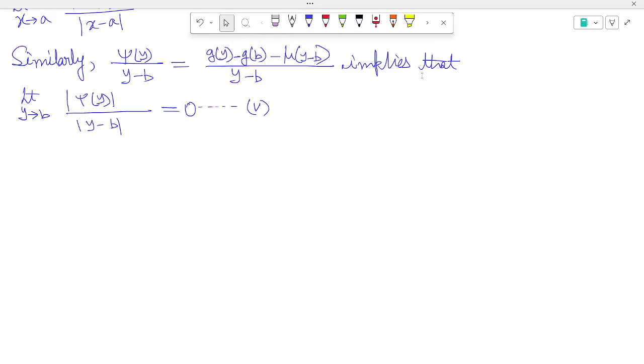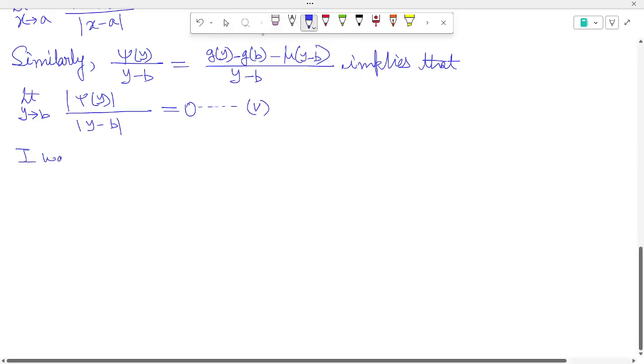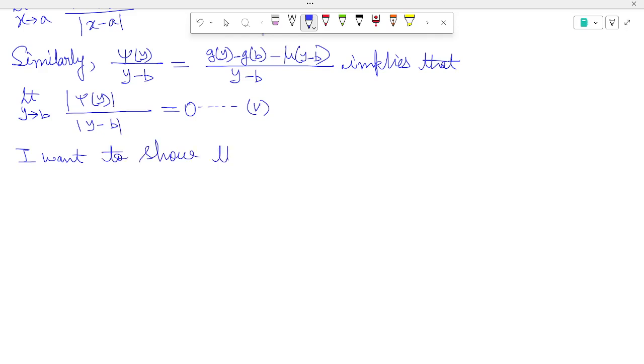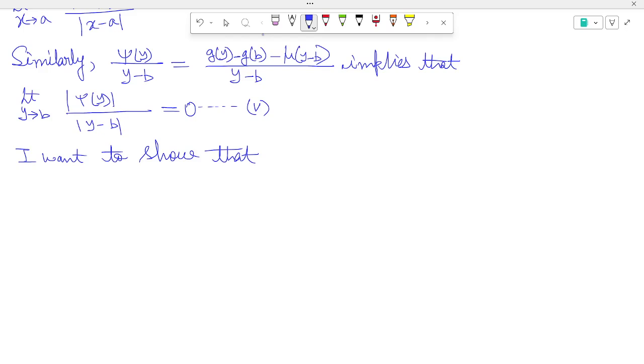So I want to show that the analogous formula for rho x holds. That means the limit as x tends to a of the modulus, or norm, of rho x divided by x minus alpha equals 0.